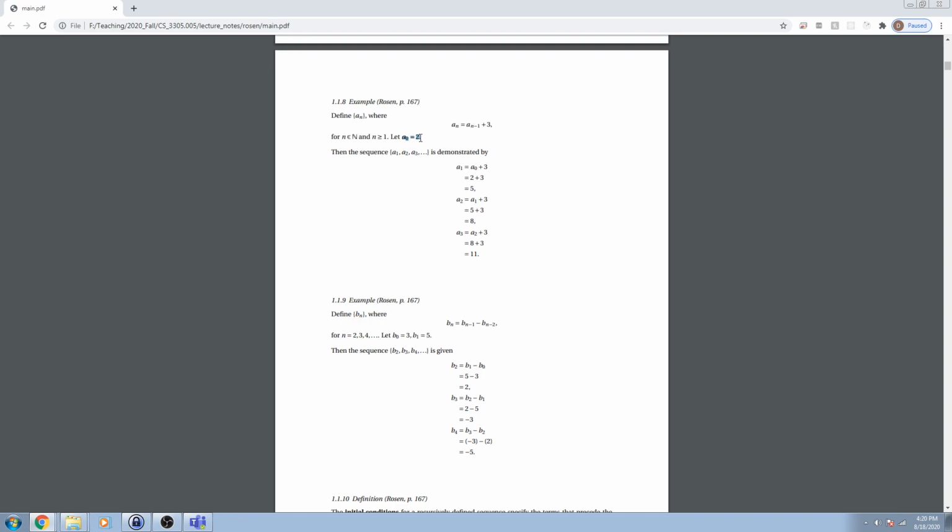So once you reach A0, just use this fixed value, and that'll allow you to define any term in the future. Otherwise, without this, you would just be counting backwards forever, and you would never get your definition. You'd never be able to define your terms.